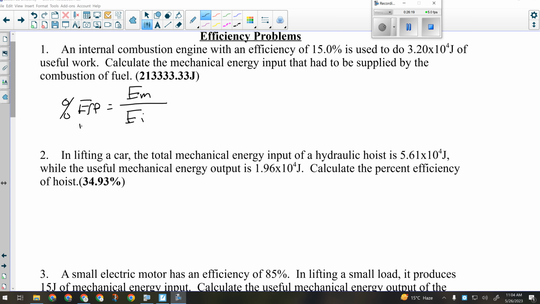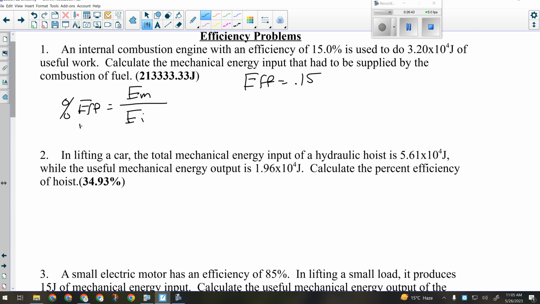As with any problem-solving question we've done in this course, mole equation, any of the stuff in the physics unit, what's the first thing I want to do? Write down my givens. In this one, I know the efficiency is 0.15. It's used to do 3.2 times 10 to the 4 joules of useful work.